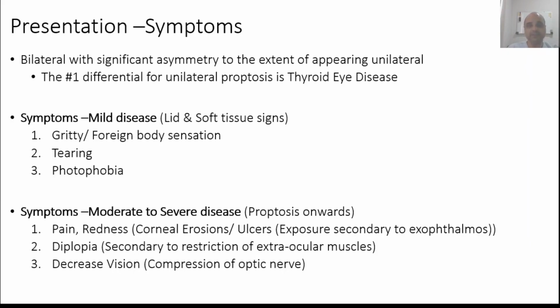The patient might end up in diplopia because the muscles stop working, and decreased vision because the optic nerve starts getting compressed because there is not enough room in the orbit when orbital adipogenesis or fat production starts, and the orbit is full of enlarged muscles, and on top of it, inflammatory exudate, glycosaminoglycans, and water accumulation. So we'll see how that happens.